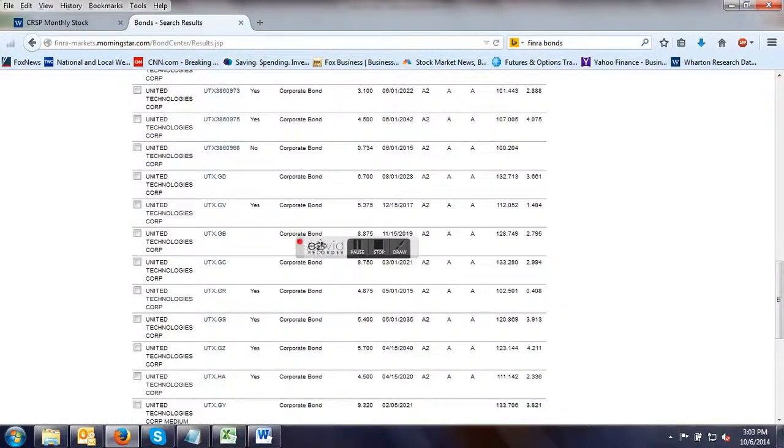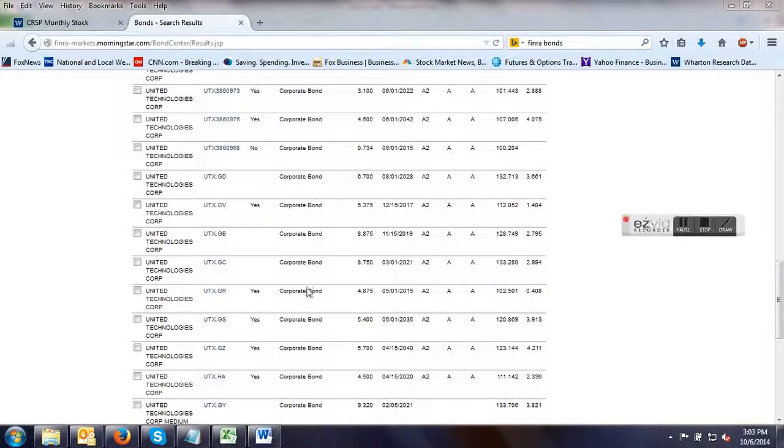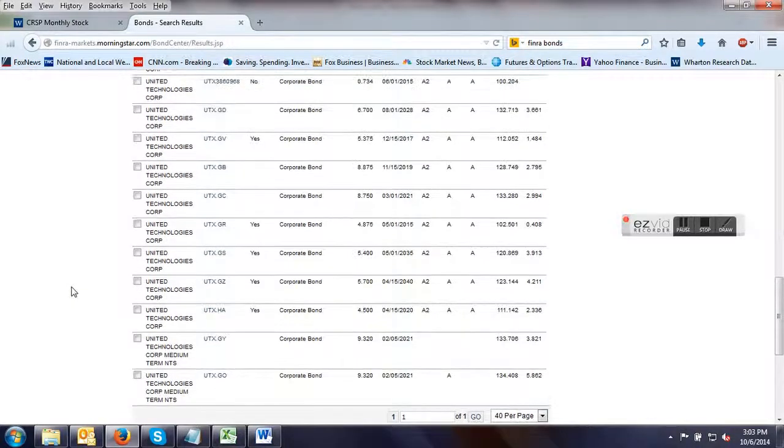Now, if you're going to do this, quote unquote, the right way, you would consider every one of the bonds. What I'm going to do is just take a representative sample of 3. That's all you need to do. And in terms of representative sample, you want to look at the coupon rates that are associated with them and the years to maturity. So I'm looking at a 9.3, a 9.3.